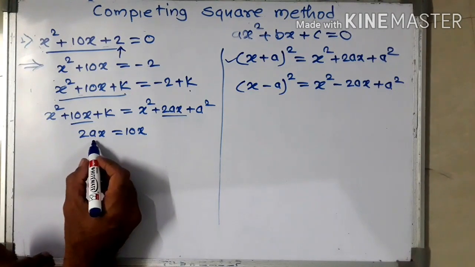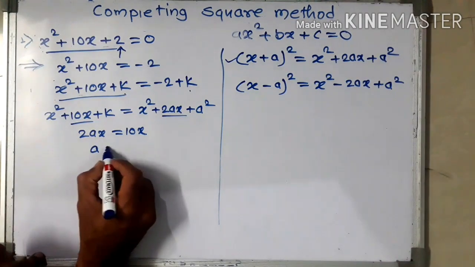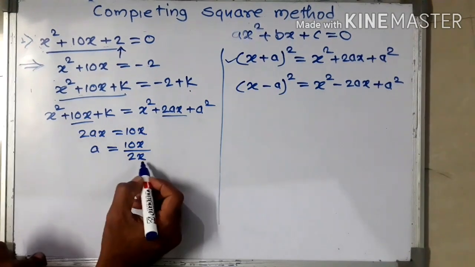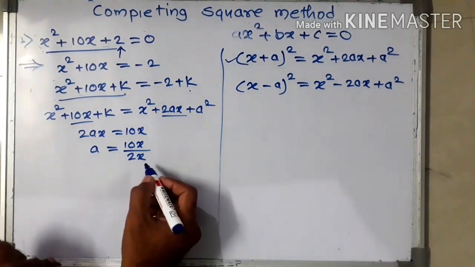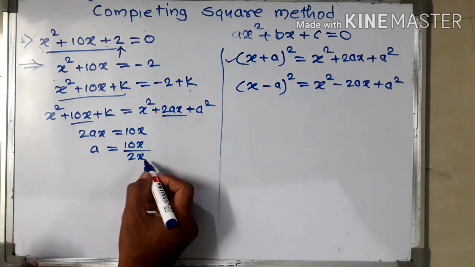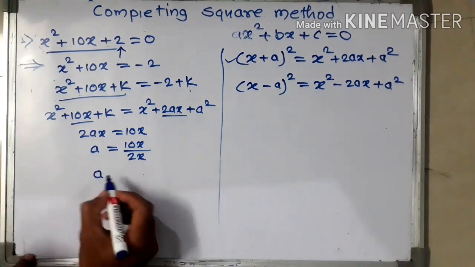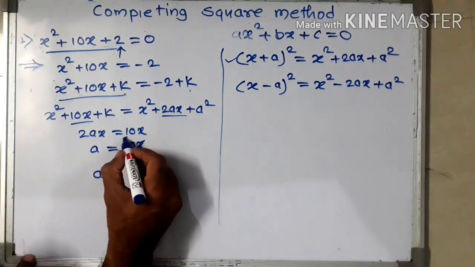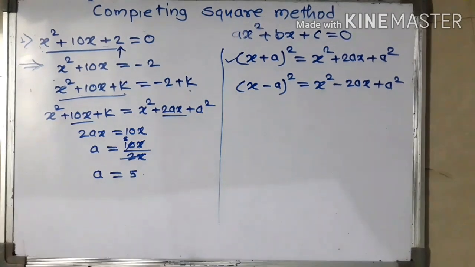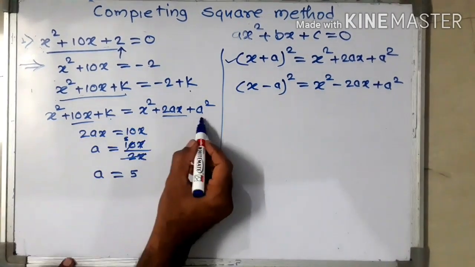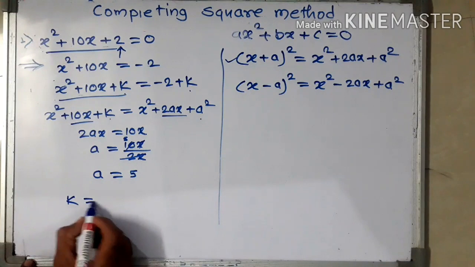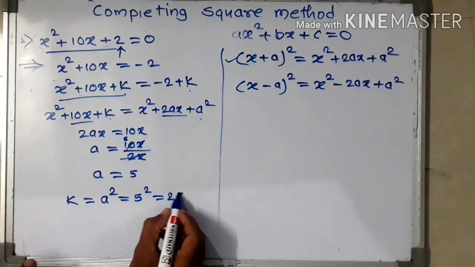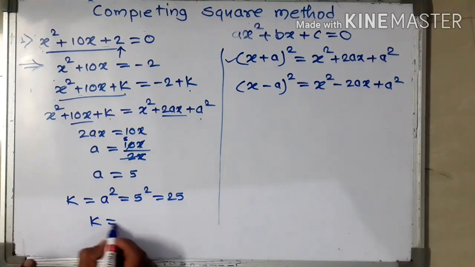So here we have to find the value of a. a equals 10x upon 2x. Multiplying by 2x, transferring it to the right hand side, it gets divided into 10x. Now by reducing it, x cancels, 2 ones are 2, 2 fives are 10, the value of a is 5. Now the value of k is a square, so k equals a square equals 5 square equals 25. Now the value of k is 25.